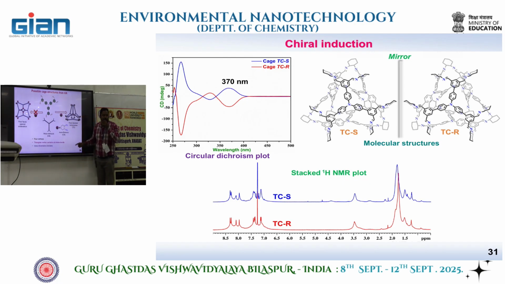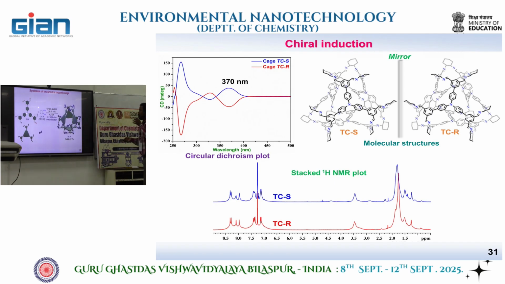But after forming the cage, the chirality has transferred from cyclohexane diamine to the cage, and that's why we are getting enantiomer pure cages. Like if you are taking RR diamine, we are getting one isomer. If you are taking SS diamine, we are getting another isomer. So from a stereochemistry point of view, we can synthesize an enantiomer pure cage without using an enantiomer pure aldehyde unit. Anyway, so again, I'll go back to our main topic, nano material.